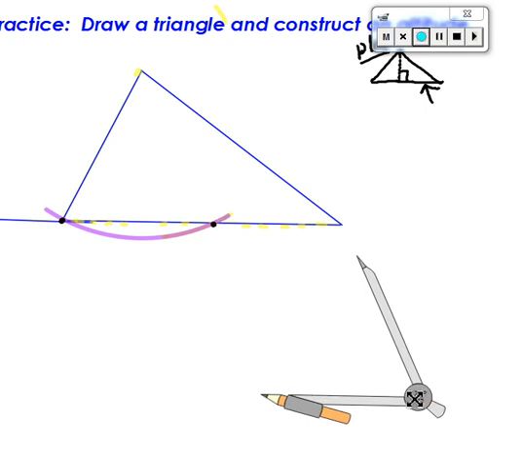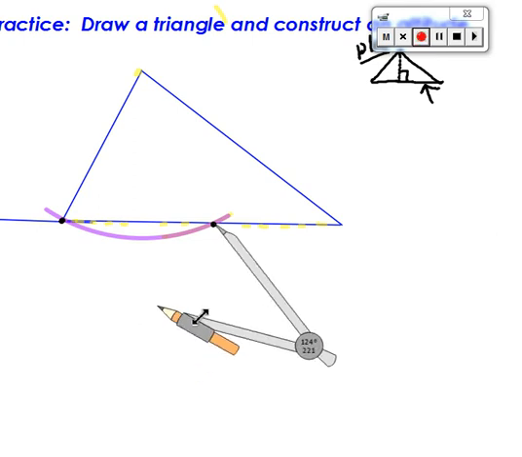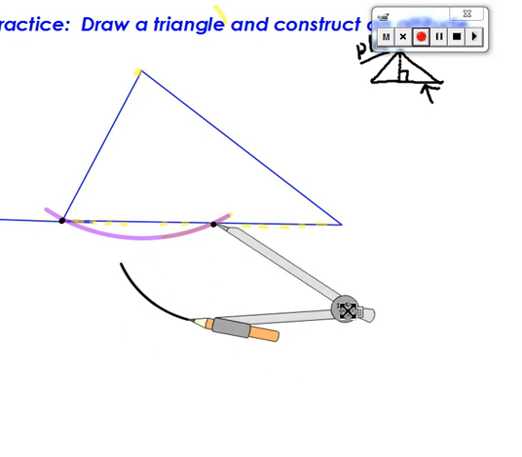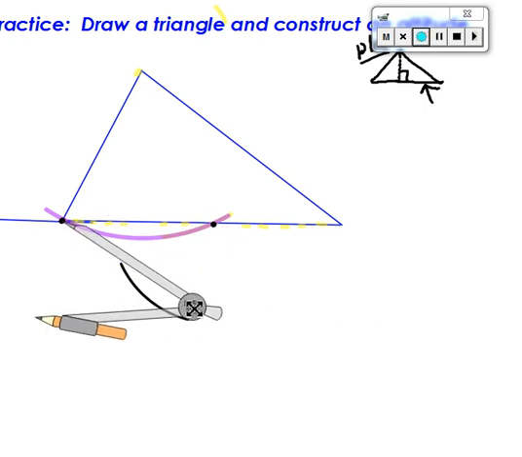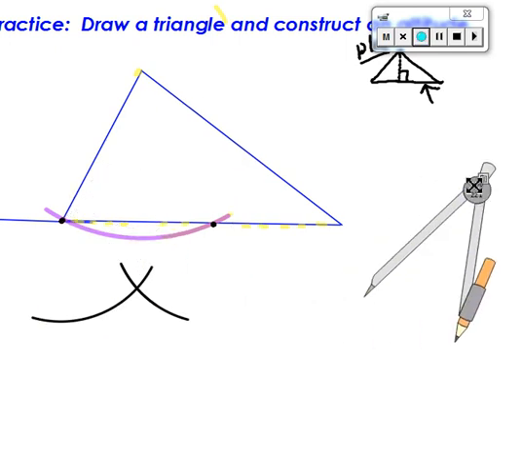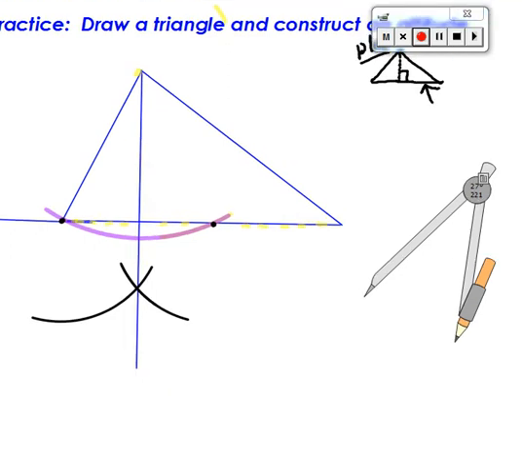So similar to the last construction that we just did, a perpendicular to a line from a point not on the line, I'm going to use those 2 points, find another point of intersection, and now I can use my straight edge and connect this vertex here with my point of intersection, and I should have a nice right angle here. Again, you can measure that with your protractor, or just put the corner of your paper in there.